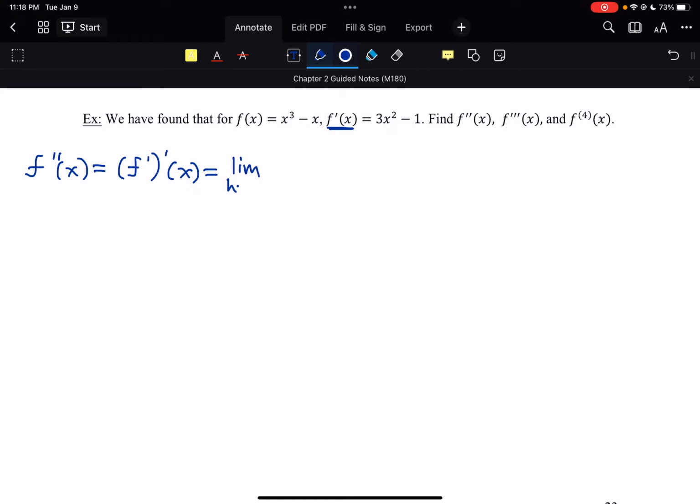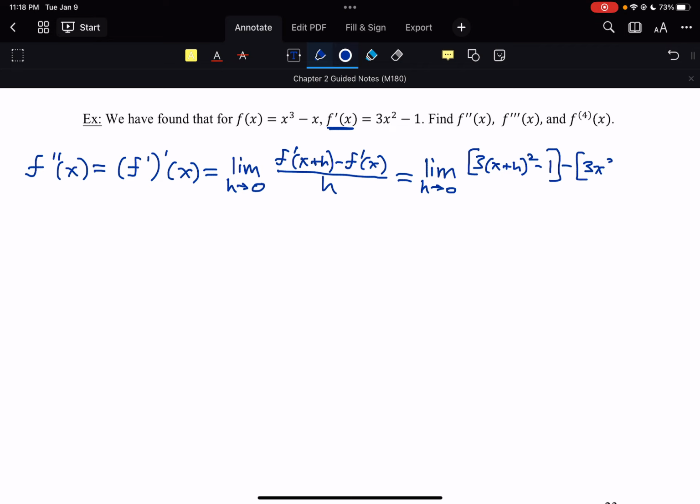So this is going to be the limit as h approaches 0 of f prime of x plus h minus f prime of x all over h. So that's going to be the limit of 3 times x plus h squared minus 1 minus 3x squared minus 1 all over h.